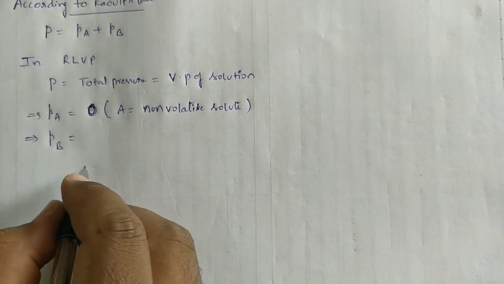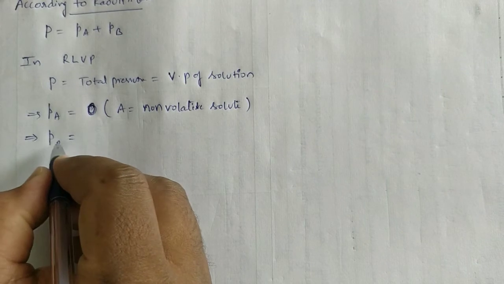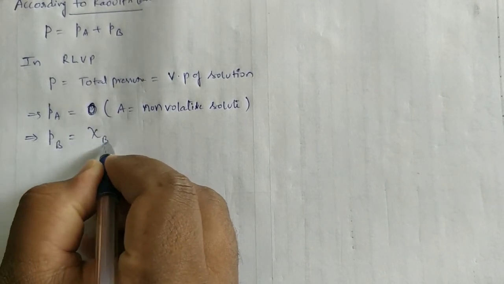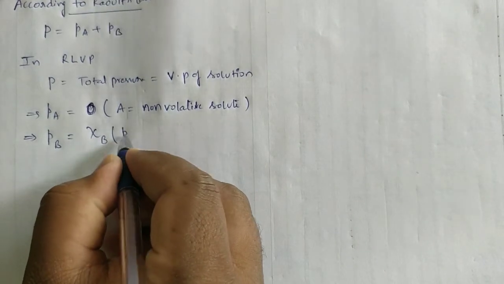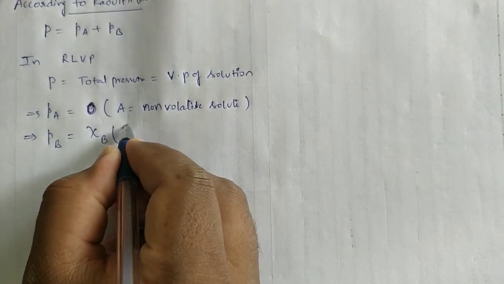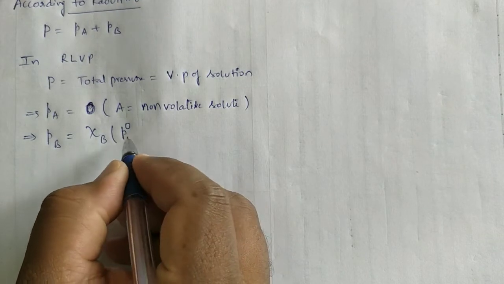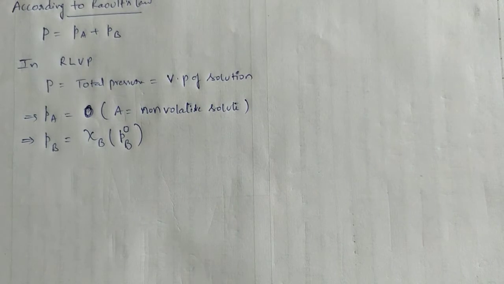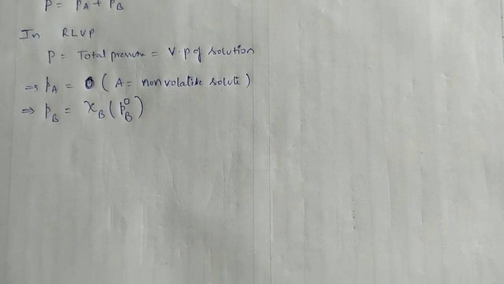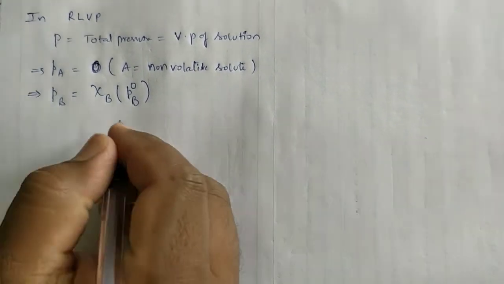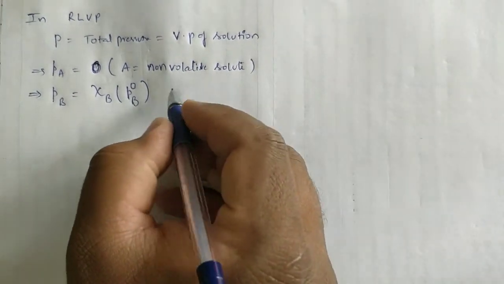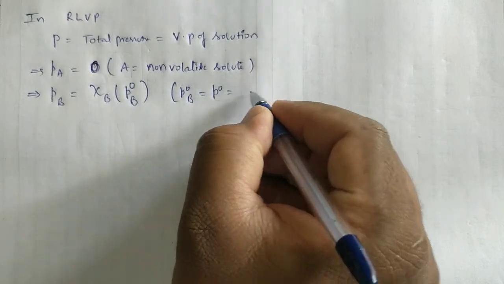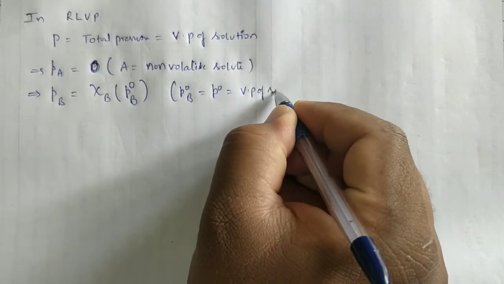Next, Pb is equal to, I am writing the formula of partial vapor pressure of B, chi b into P naught of B. Pb is equal to chi b into P naught of B, where P naught of B is the vapor pressure of solvent.